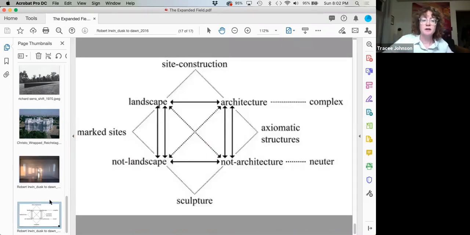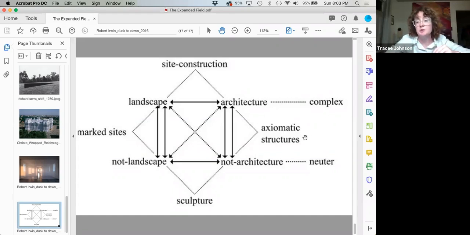And so back here we are again at the graph that you guys are going to get used to seeing this week, thinking about those categories again, right? So we talked early on, sculptures are autonomous, they're on a pedestal, they're kind of their own thing from the modern period. Marked sites are the landscapes that are also not landscapes because they're artworks. Site constructions are landscapes and architecture together, that merging.